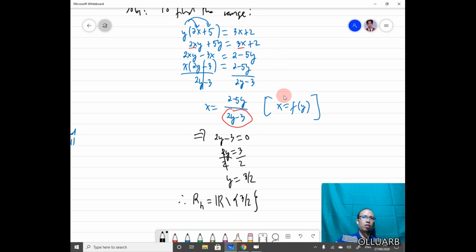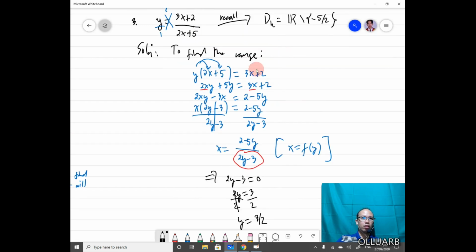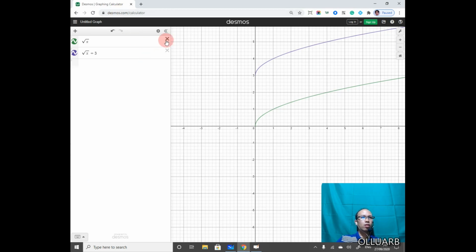If you look at the graph of this equation, then you will see that the range does not include 3 over 2. Okay, let's examine this equation.